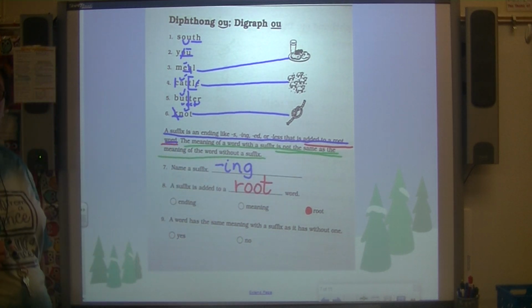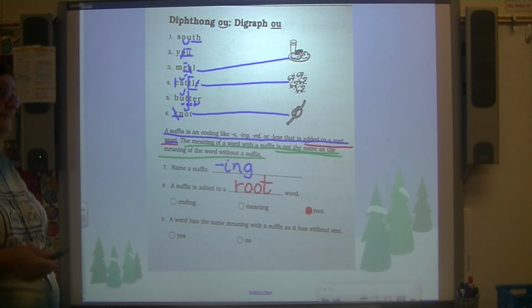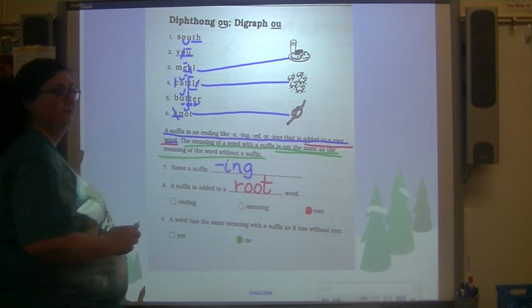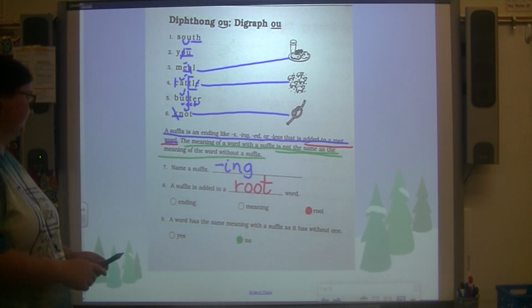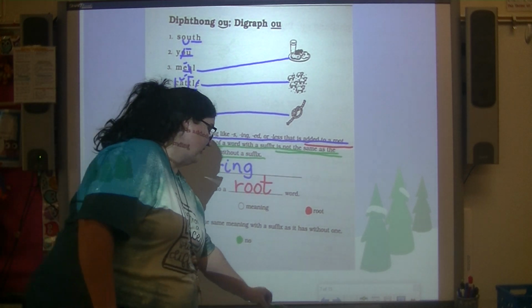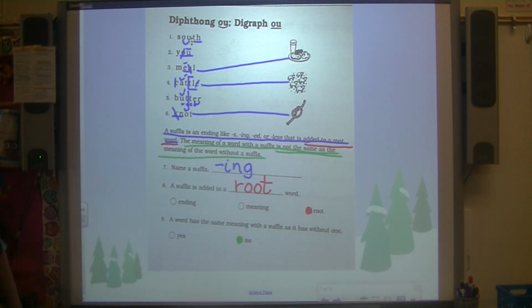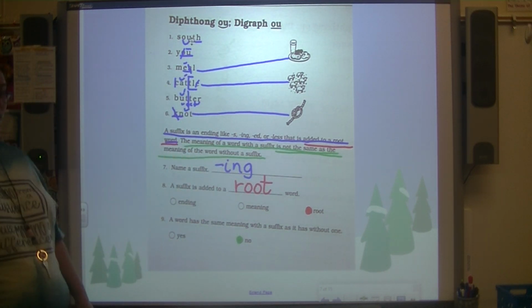So what's the answer, guys? No, it's not the same. That is not the truth. It changes it. Remember, when we add that suffix, it changes the meaning of the word.